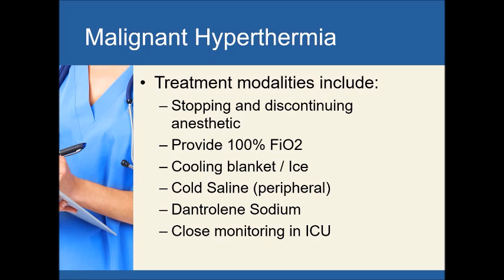Cold saline might be ordered, and just remember that cold saline has to be given peripherally, so either via a peripheral IV or a femoral central venous line. It's contraindicated in subclavian and internal jugular central venous lines, and the reason is that when it's given distally, it gives more time for the cold saline to mix with the blood and decreases the risk for myocardial stunning.